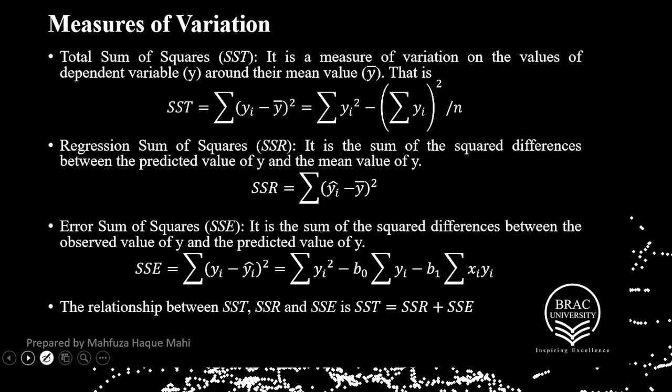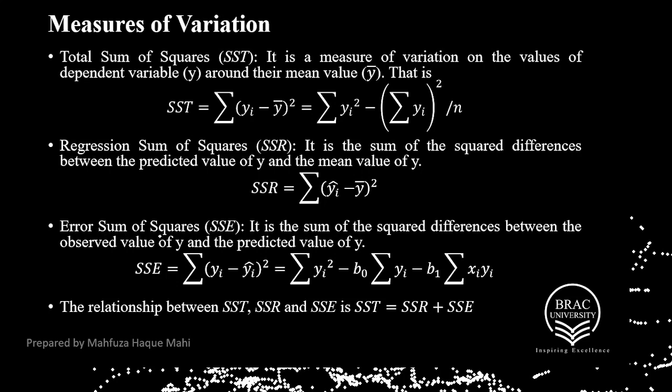If we denote the dependent variable as y, the mean of the dependent variable is y bar. So the total sum of squares, SST, equals the summation of yi minus y bar, whole square.